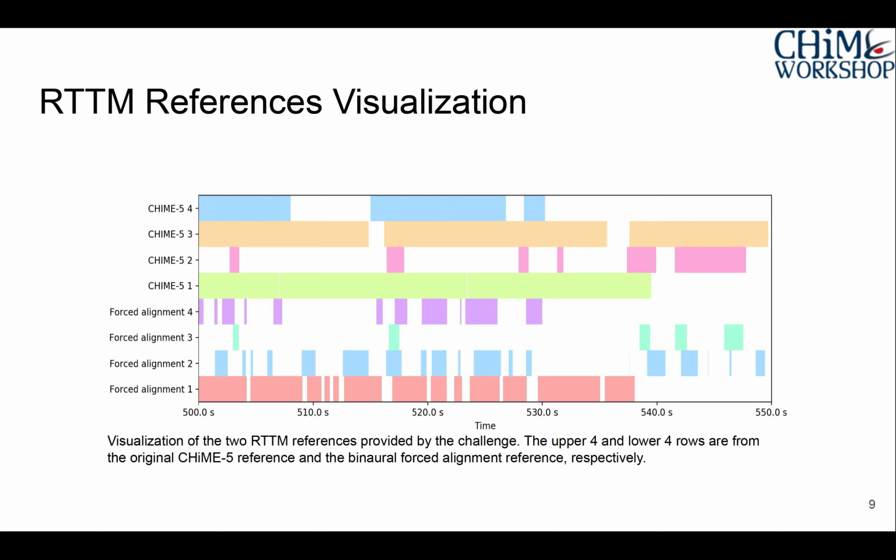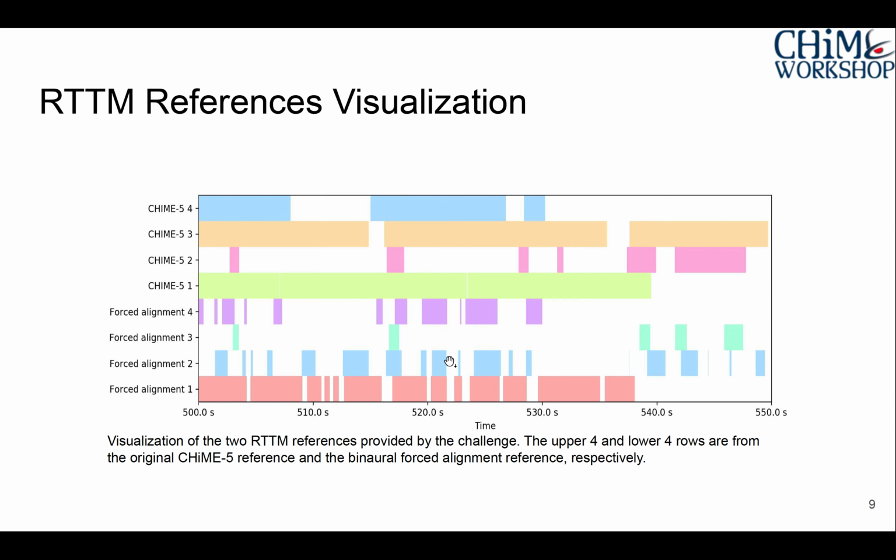So we also visualize these two ground truth references. The upper four rows represent the four speakers in the CHiME 5 reference, and the lower four rows represent the four speakers in the forced alignment reference. And we found that there are many more pauses in the forced alignment RTTM than in the CHiME 5 reference.